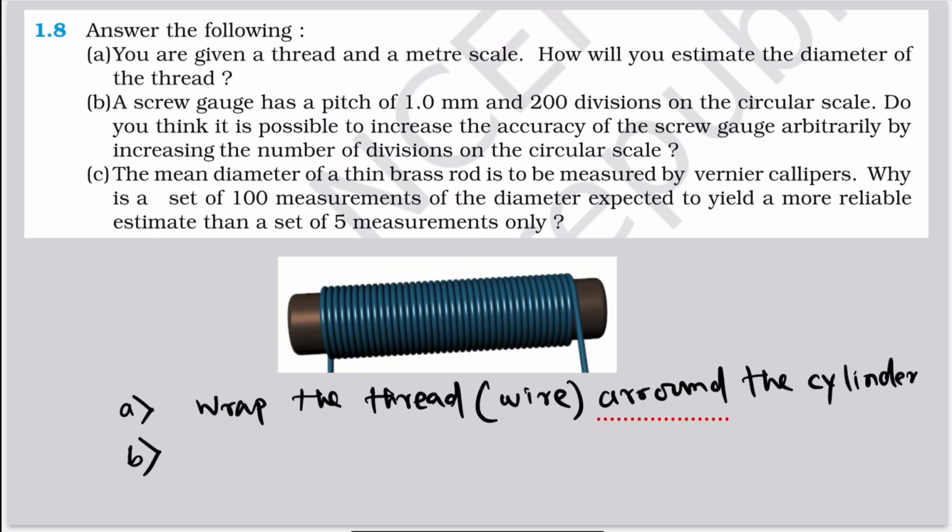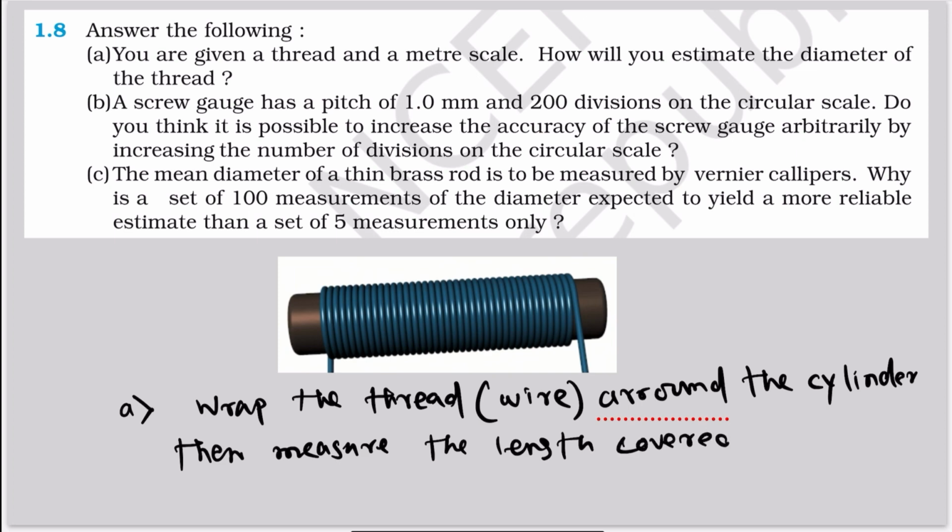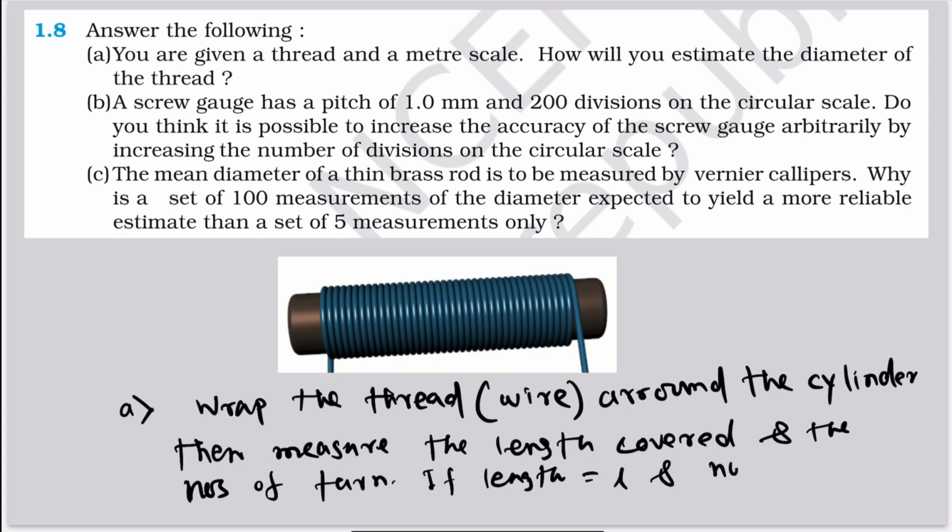Then measure the length covered and the number of turns. If length is equal to L and number of turns is N, then diameter will be equal to L by N. That's it. This is question number 1.